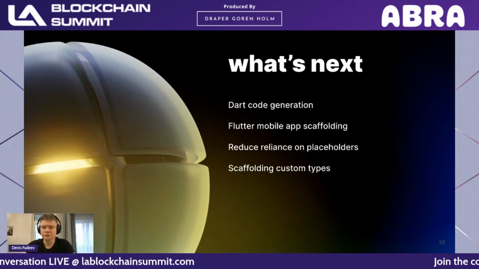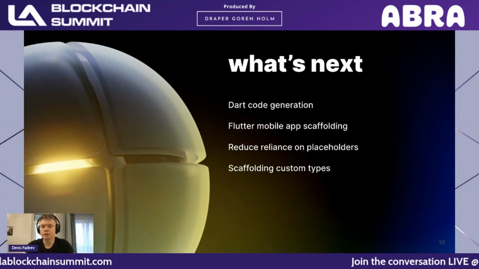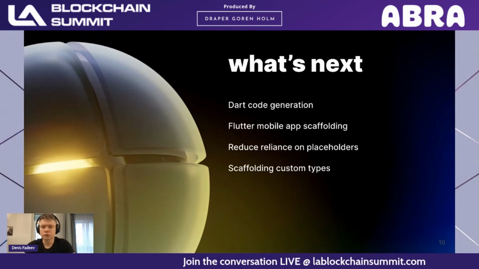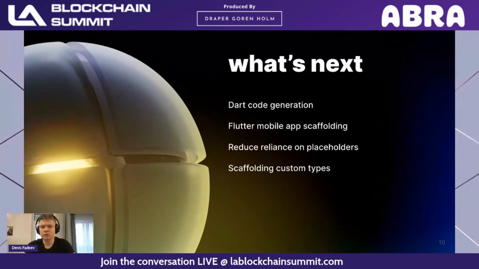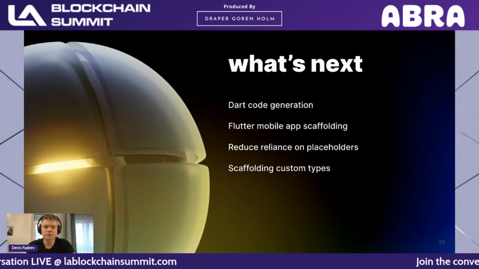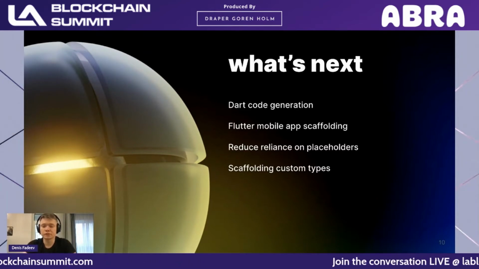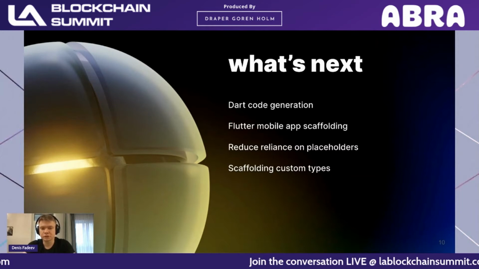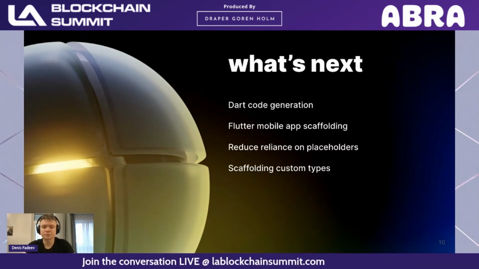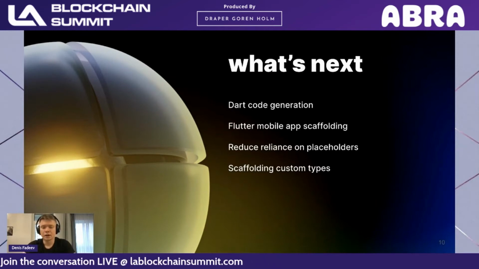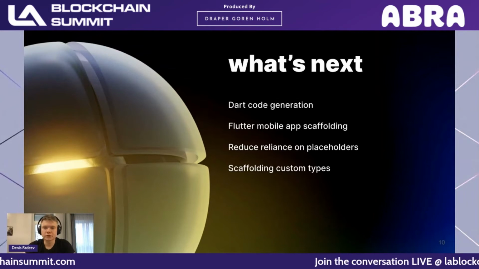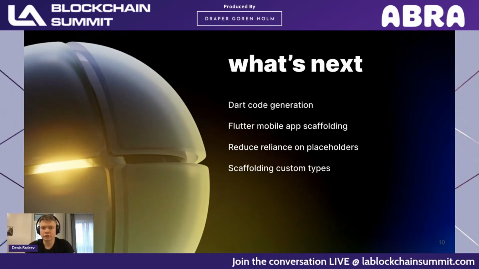We're also investigating reducing reliance on placeholders. Right now, Starport does rely on placeholders being present in your source project, which may be a bit fragile, and we want to increase the resilience and reliability of Starport as a professional tool by removing reliance on placeholders and using code analysis to intelligently figure out where the code has to be inserted.